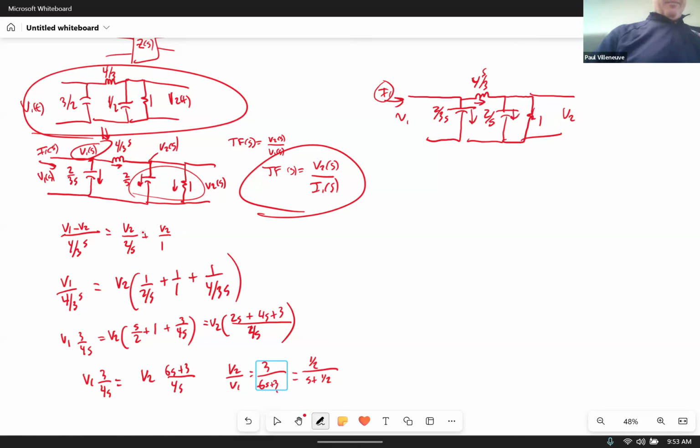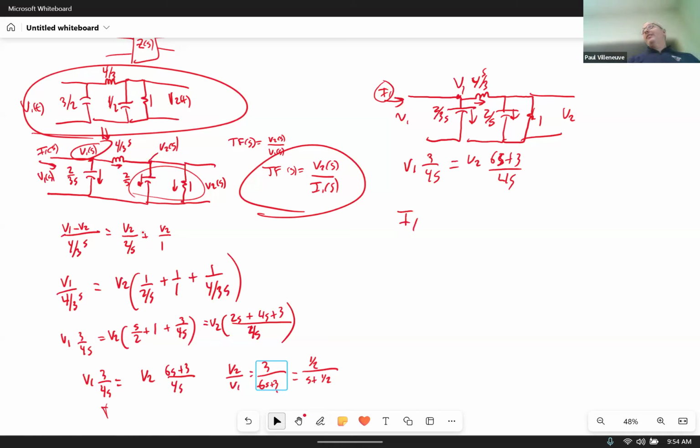We've already got this one over here that said V1 times 3/4 S equals V2 times 6S plus 3 over 4S. That was the result of simplifying down our second nodal equation. Our first nodal equation, this is V1. So the current into the node is I1, right?